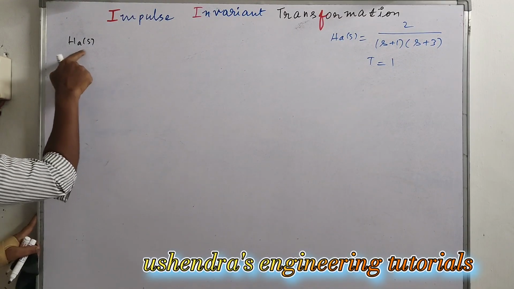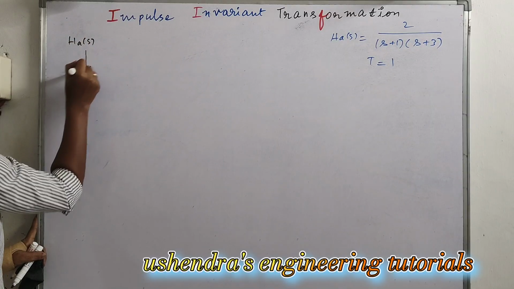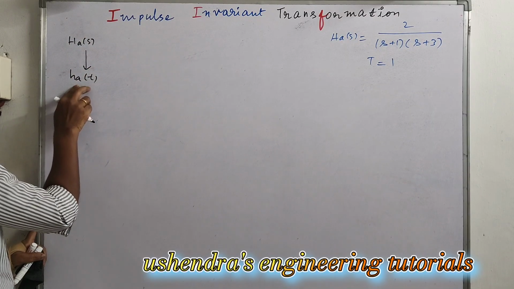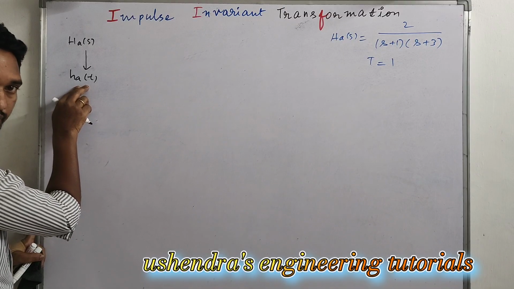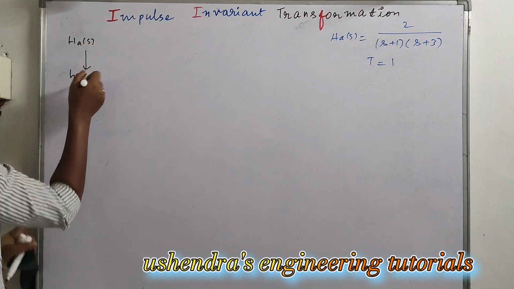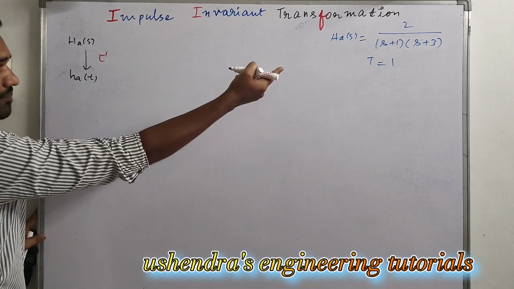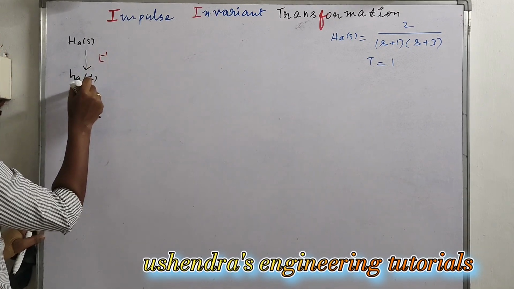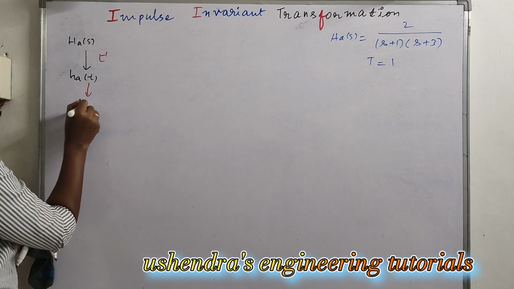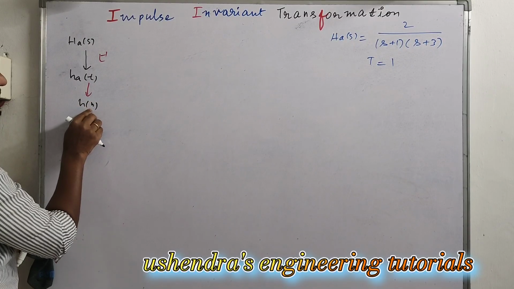And we have HA(s), the transfer function of the analog filter, which is converted to HA(t), the impulse response of the analog filter. How is that done? It's an s domain, so to convert that into the t domain, we apply the inverse Laplace transform. From here we obtain, after sampling, h(n), the impulse response of the digital filter.